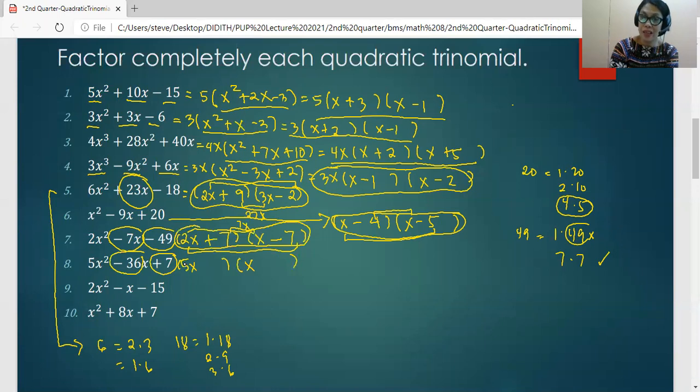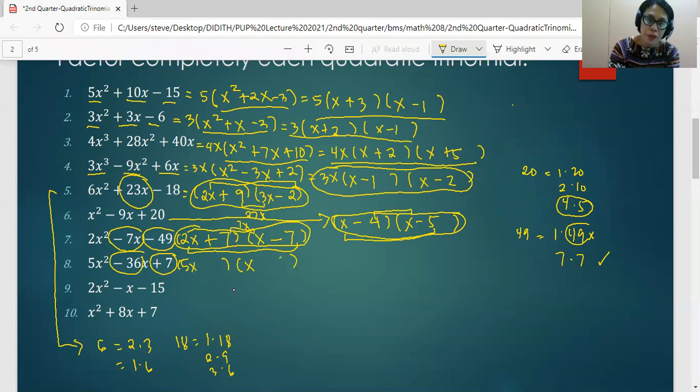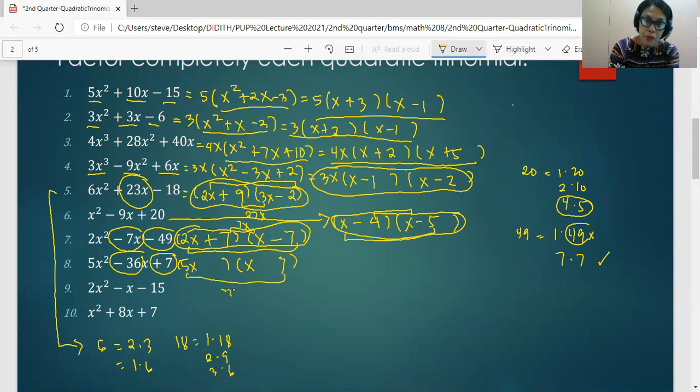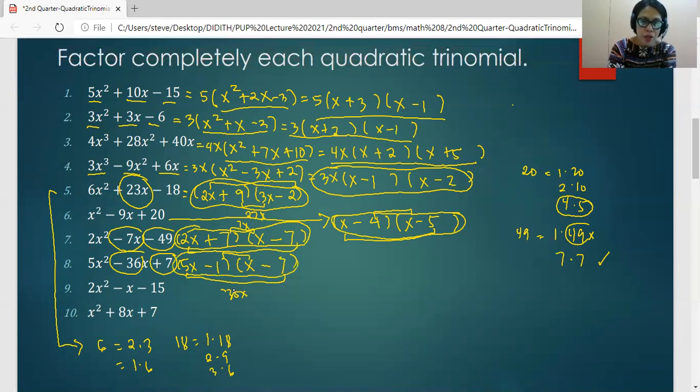So, one is negative 7, the other one is negative 1. Since this is 36, of course, we will place 7 here so that the product of the outer terms would be negative 35x, and this one is negative 1. So when we combine negative 35x and negative x, this will result to negative 36x. So the factors are 5x minus 1 and x minus 7.